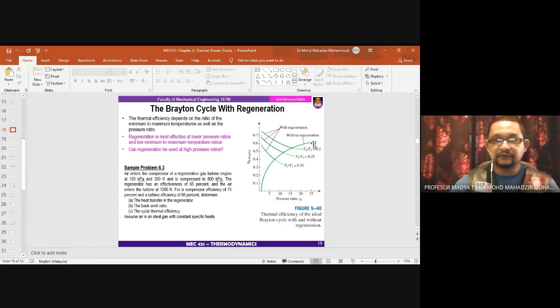So if you want to make the modification with regeneration, you have to make sure the pressure ratio is lower and the minimum to maximum temperature ratio must be lower too. So you will have the most effective thermal efficiency for the Brayton cycle.